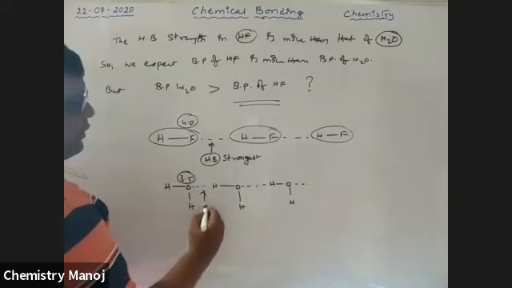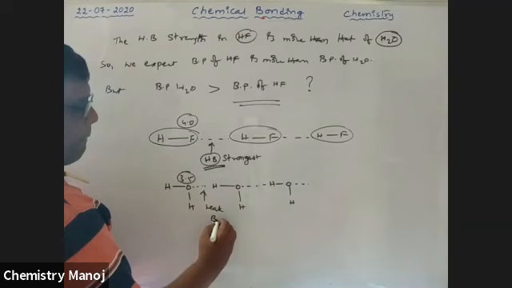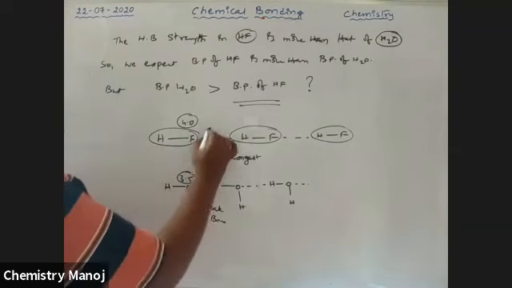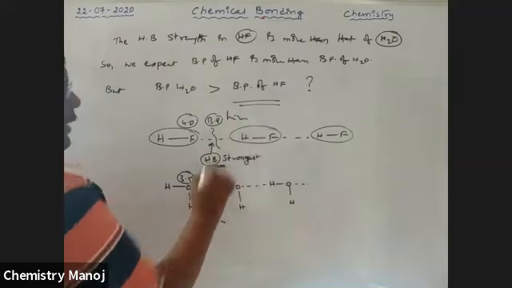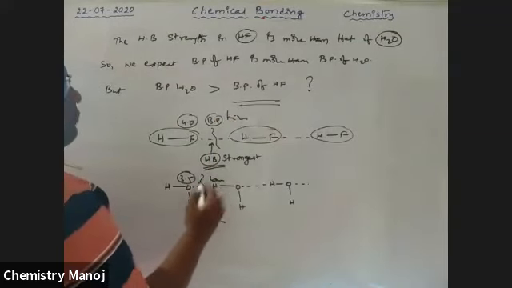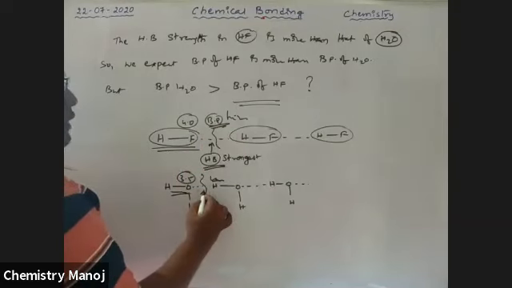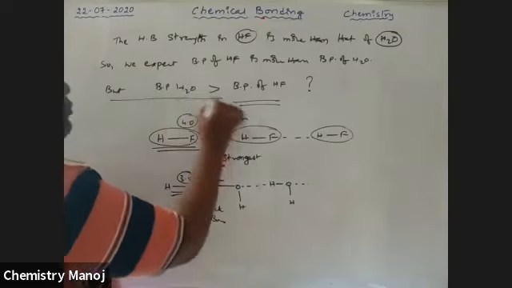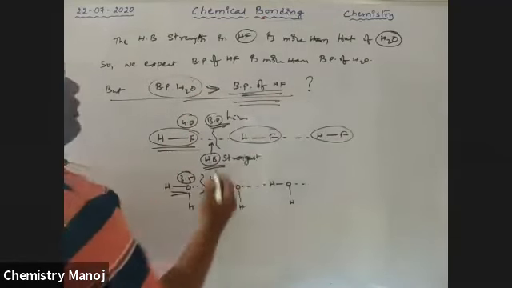Therefore, compared to this, it is a weak bond. That means it is easy to break here, and difficult to break there. Therefore, boiling point here is high and here is low. So the boiling point of HF should be more than that of water. But practically we proved that the boiling point of water is greater than that of HF.